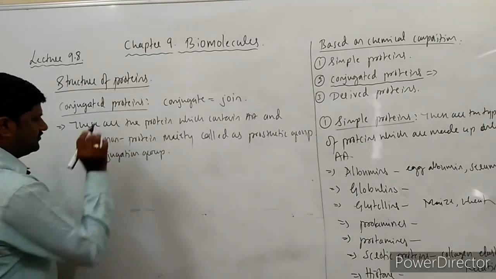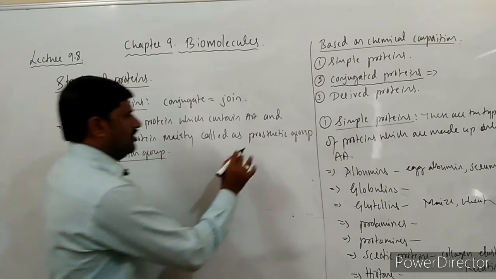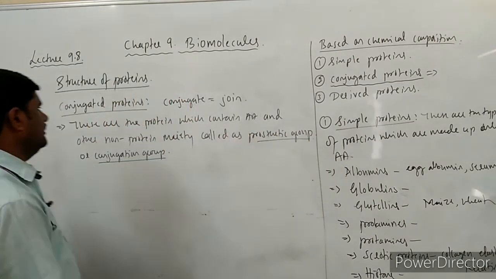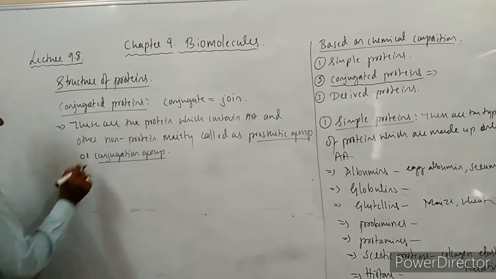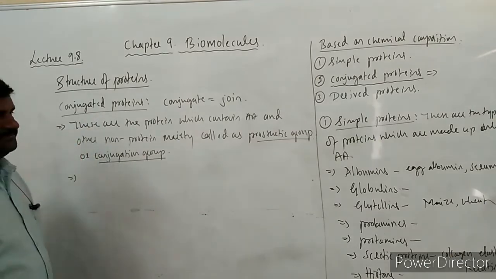Conjugation group or prosthetic group, it is said. And such kind of proteins are called conjugated proteins.